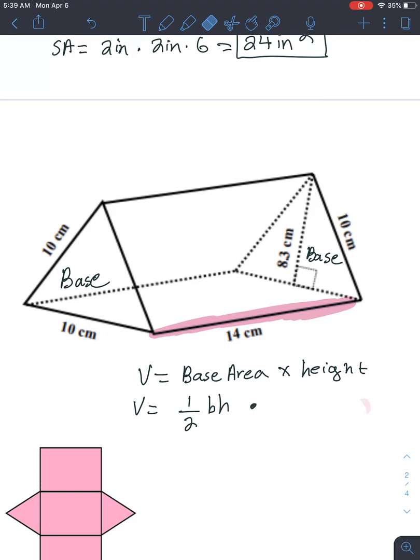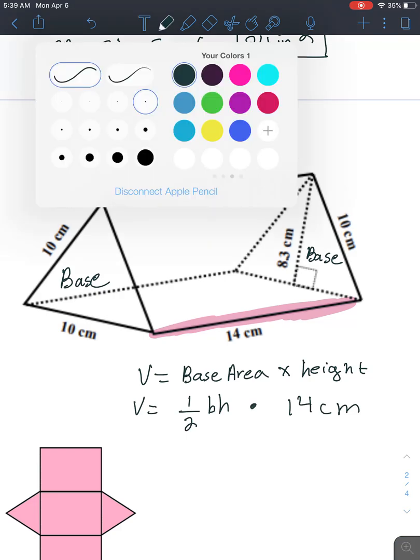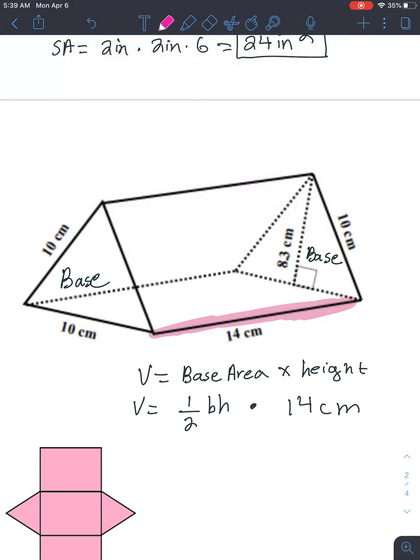When you're finding the area of a triangle, remember that the height is the altitude of the triangle, not the 10. The 10 is not the height. You need to find the altitude, from the top of the triangle to the bottom.